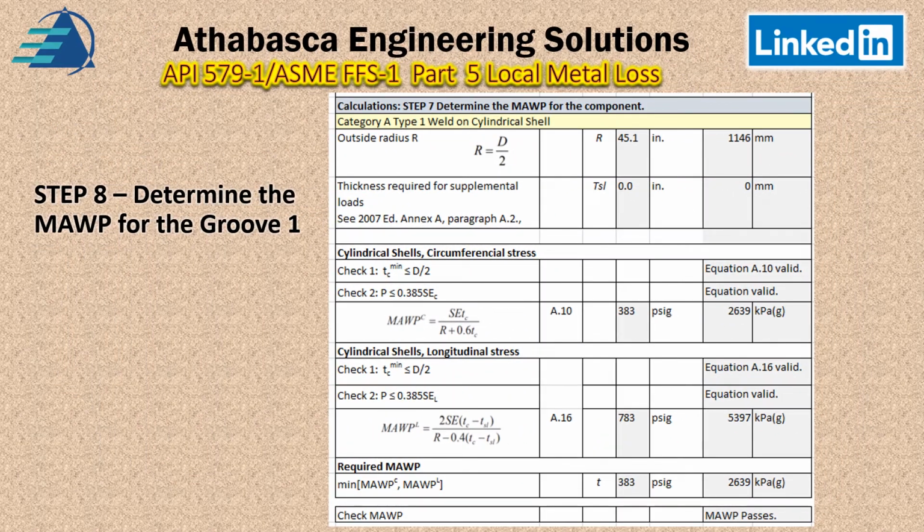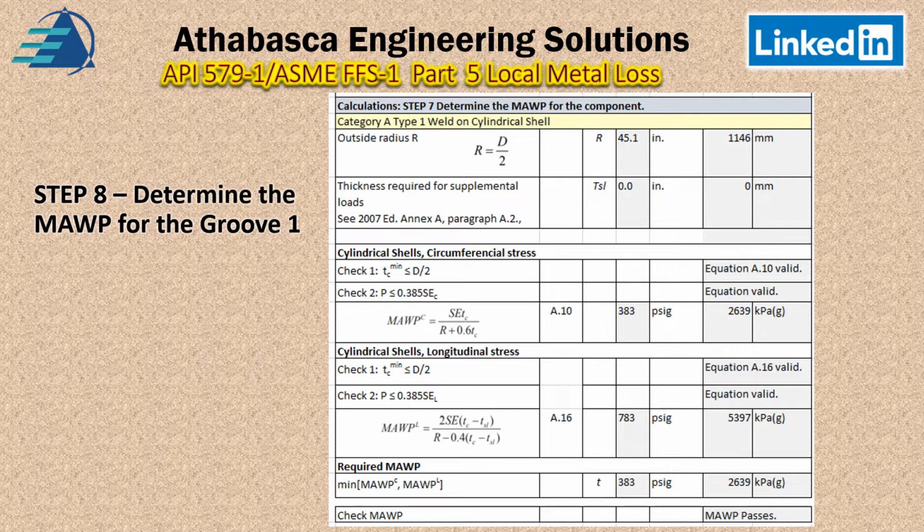So now we're ready to do our MAWP for groove 1, and recall that we have to do one for each one. Here we calculate our outside radius. We need that. We don't have any supplemental loads, so we can continue. Basically we've just got the hoop stress equation, and we calculate that.